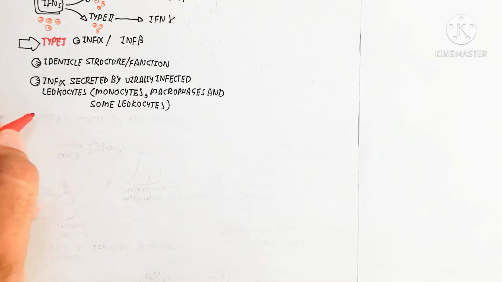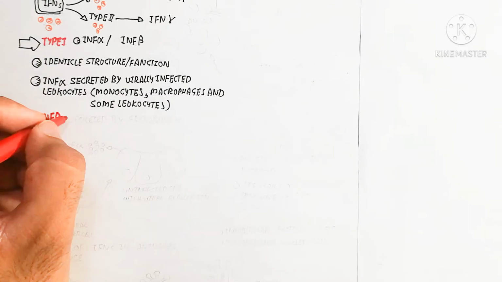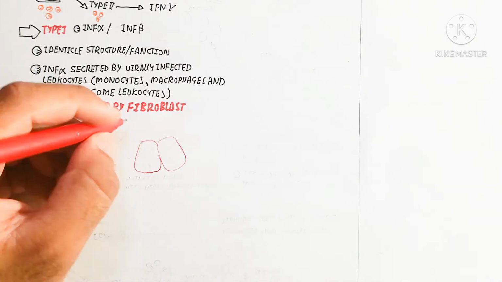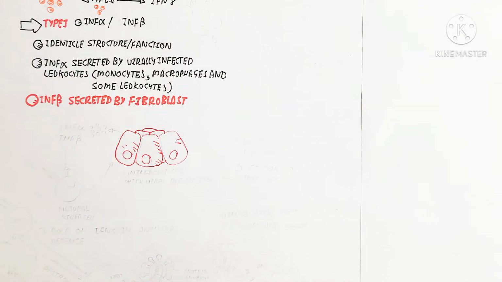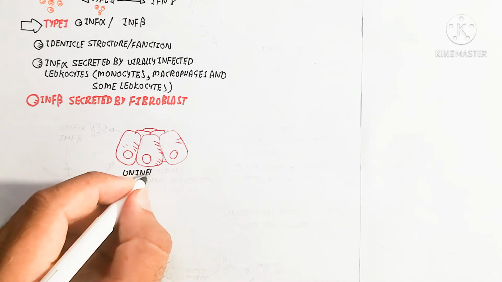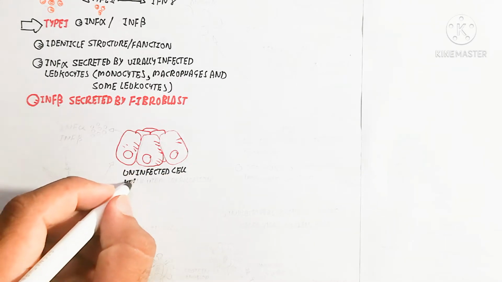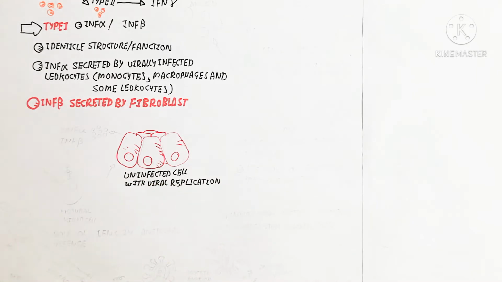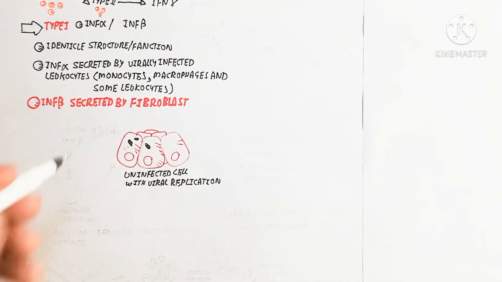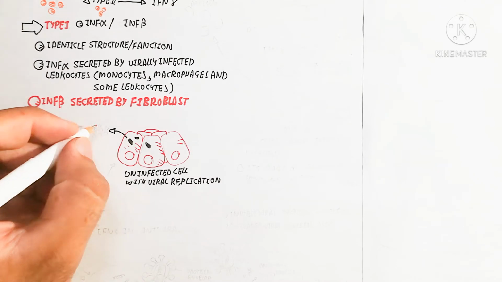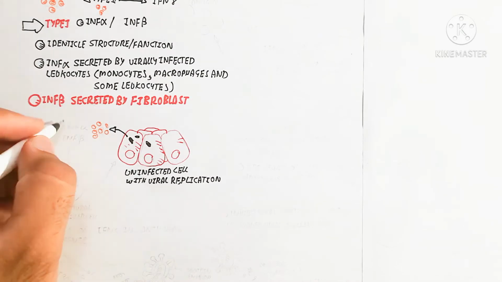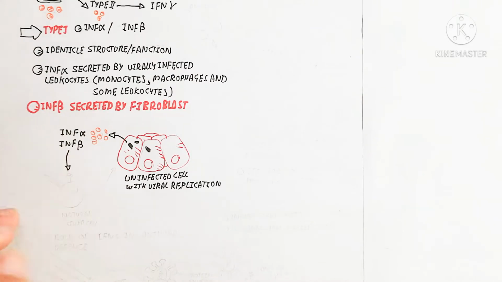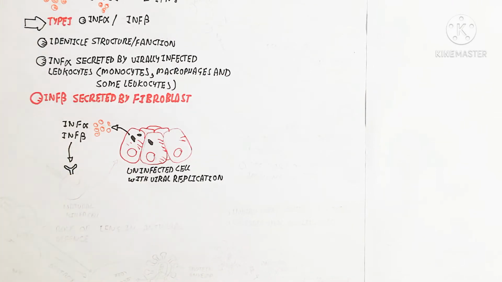Interferon alpha is secreted by virally infected leukocytes, for example monocytes, macrophages and some other leukocytes. Interferon beta is secreted by fibroblasts, which are present in tissue.